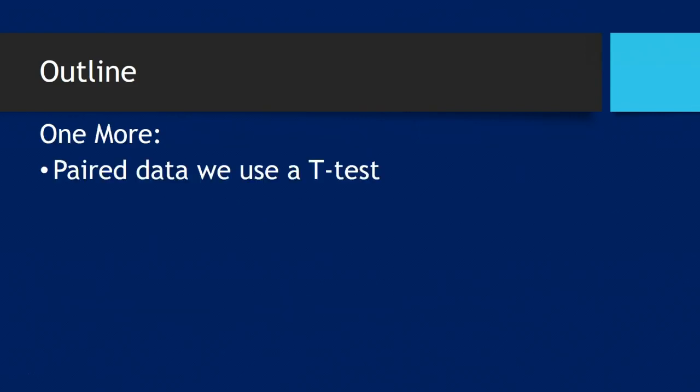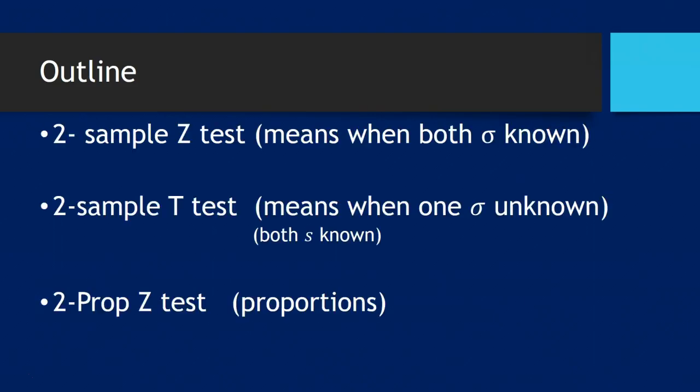Now, we're actually going to add one more test here, and that's the test that utilizes paired data. When we have paired data, we're going to go back to our original t-test with data. We'll get to that more once we get to it, but there's essentially 4 tests here. There's the two-sample z-test. That's when I know both population standard deviations.